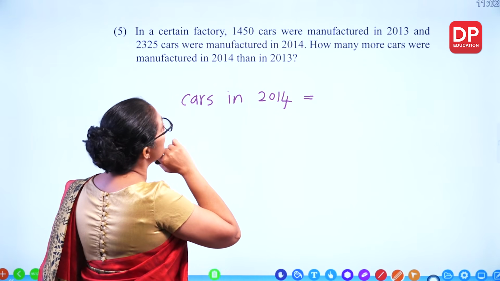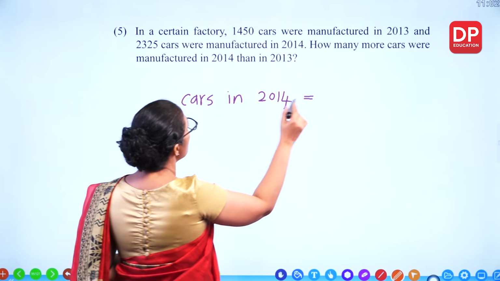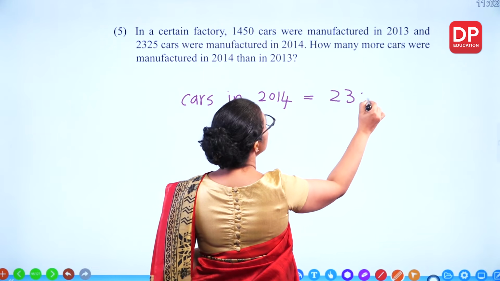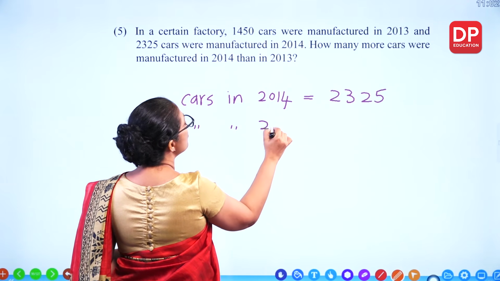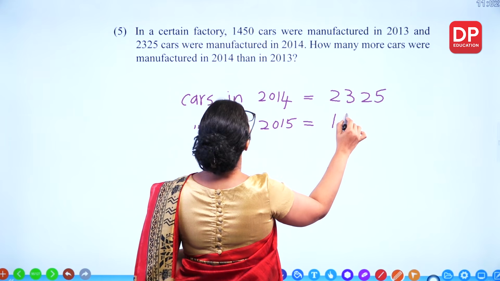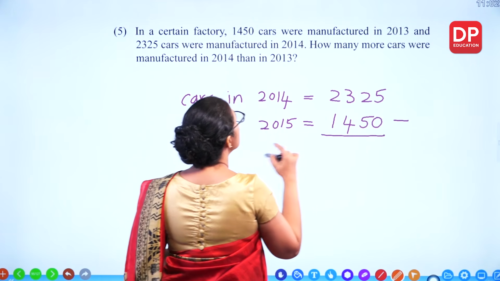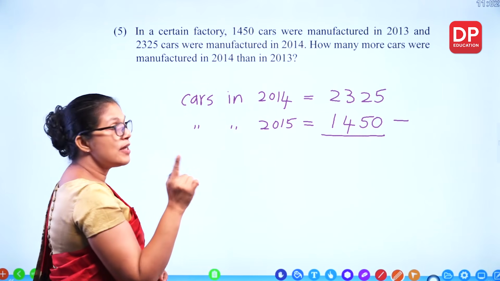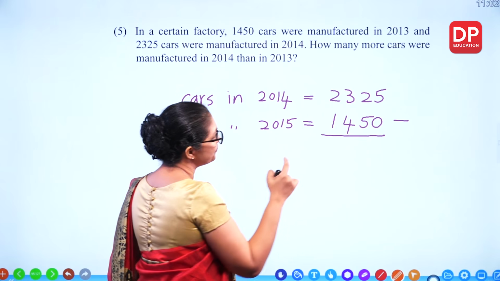So what's the number? 2,325. Cars manufactured in 2013, that's 1,450. So to find out how many more cars in 2014, you need to subtract the two values.